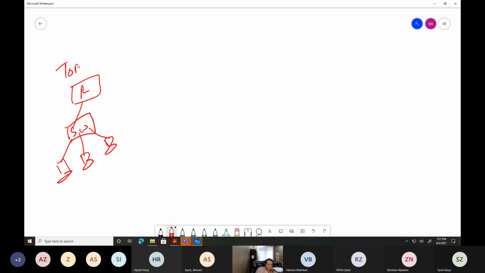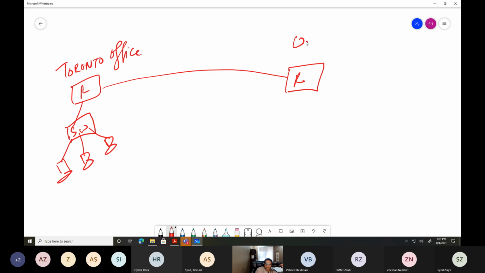And I'm sitting in Toronto. Then this is another router. This is my Toronto office, and this is my UK office. I got a switch, I got a PC sitting here.